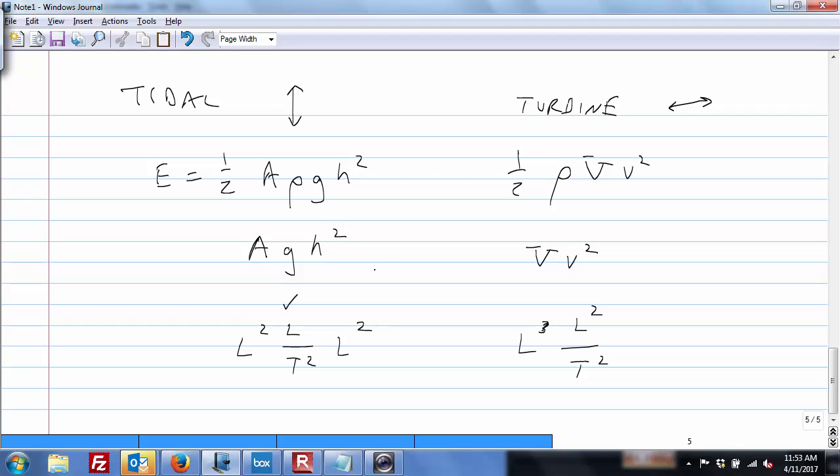It's just that this height is changing. I think we can say the height is serving the same role as the velocity, because in the tidal barrage you've got the delta H as the water level goes up and down.